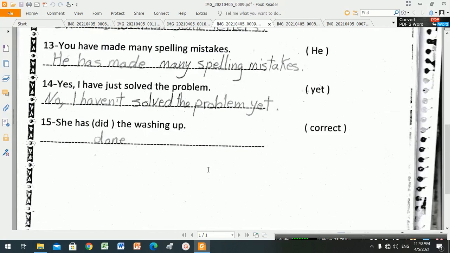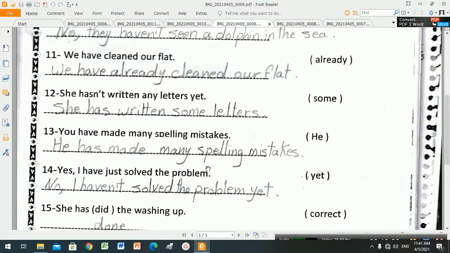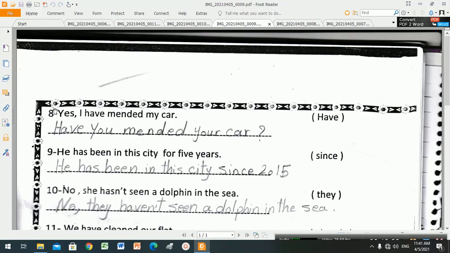And here the next page, number 17. Okay? Number 8. Yes, I have mended my car. And between brackets here, have. We will start with have, so it will be a question. Make a cross on yes, remove yes, and then start with have.